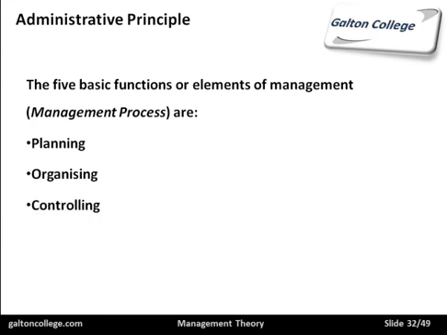So there must be organisation. It must be controlled. As it changes and as it develops over time, it has to be controlled. It can't get out of control. Out of control is not good.